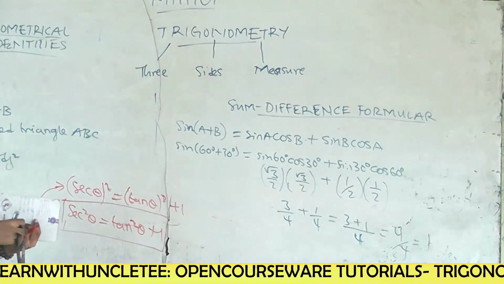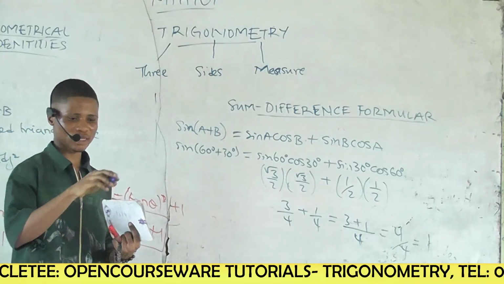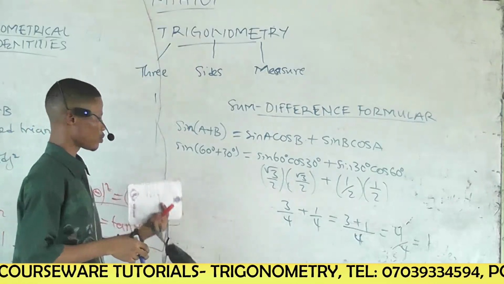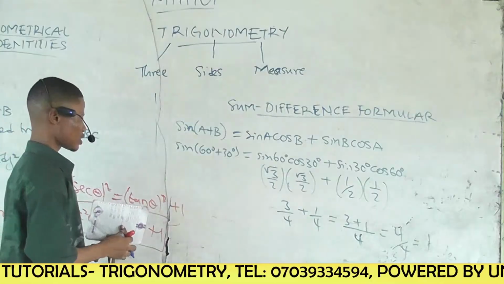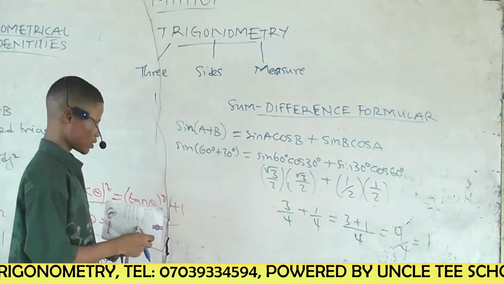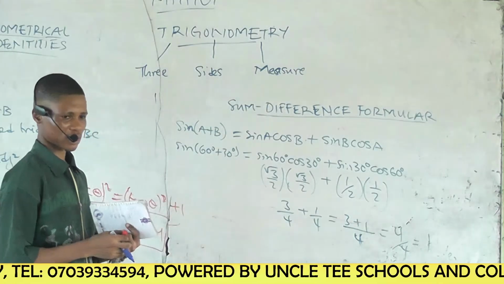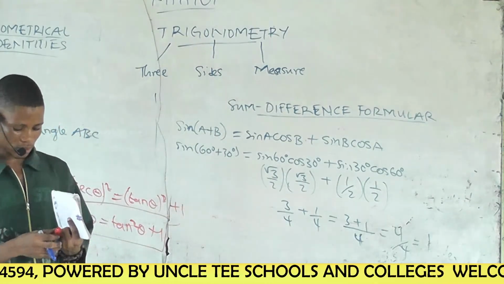If you want to get this very well, you can pick from any of it. So if you are picking 60 plus 45 degree, you are going to get answer 2. Just impute it like that. So I'm just taking this as an example for you to see that it is actually correct.